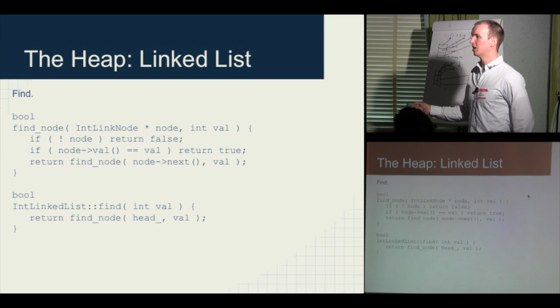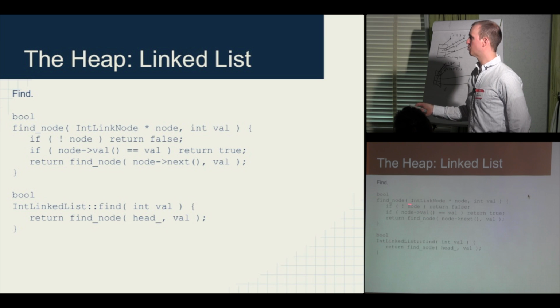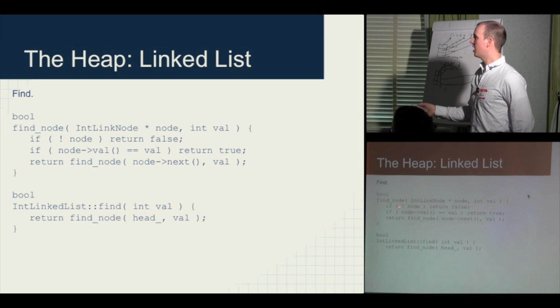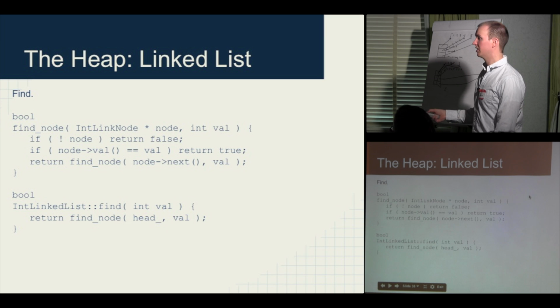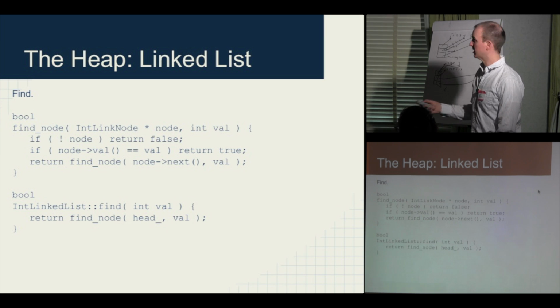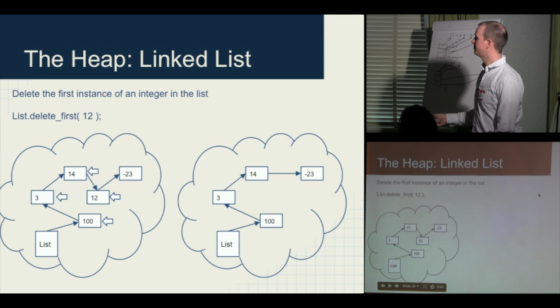We've gotten to the end of the list, and we didn't find the value, so the list doesn't contain this value. But if it's not null, then ask, does it have the value that I'm looking for? And if it does, then go ahead and return true. If not, then recurse on the next pointer and give it the same value. So that would walk down through memory and get to each of the values until it got to 12.